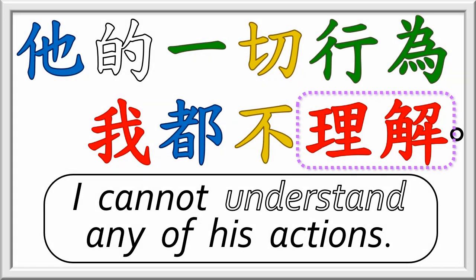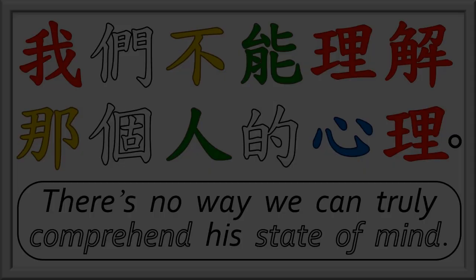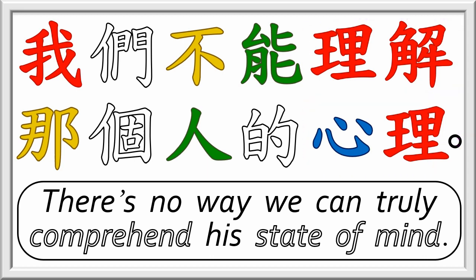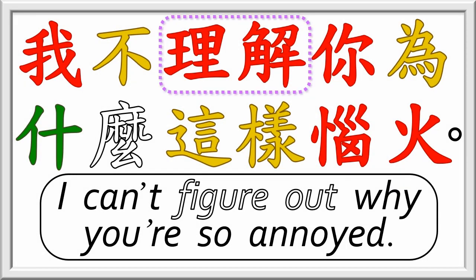他的一切行为我都不理解。I cannot understand any of his actions. 大家都理解那个话是指我而言的。Everybody figured out that that remark was aimed at me. 我们不能理解那个人的心理。There's no way we can truly comprehend his state of mind. 我不理解你为什么这样恼火。I can't understand why you're so annoyed.